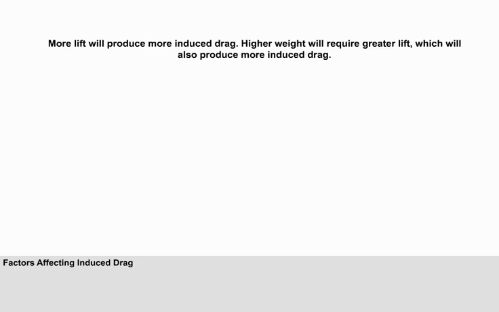Taking lift first, it can be assumed that, since induced drag is a component of the lift force, the greater the lift, the greater will be the induced drag. Lift for level flight will equal weight, so induced drag will depend on the weight of the aircraft, a heavier aircraft generating more induced drag.